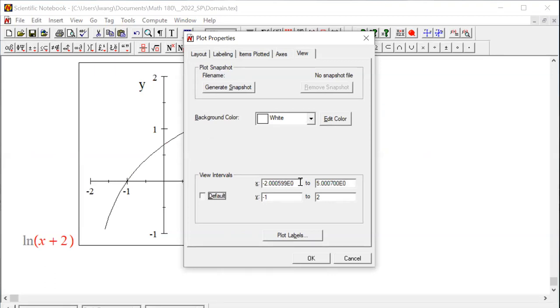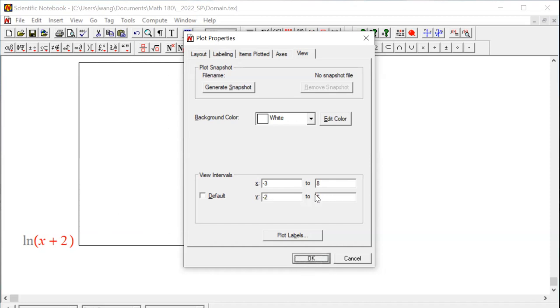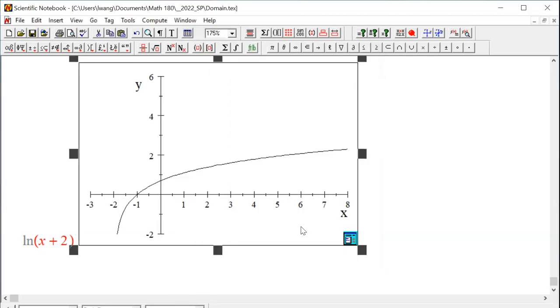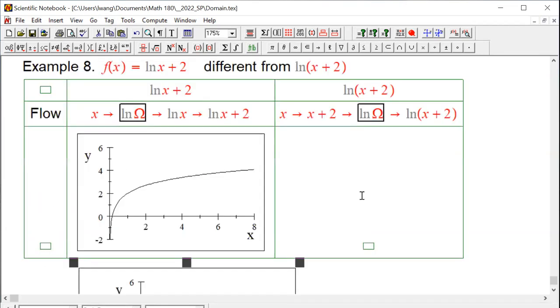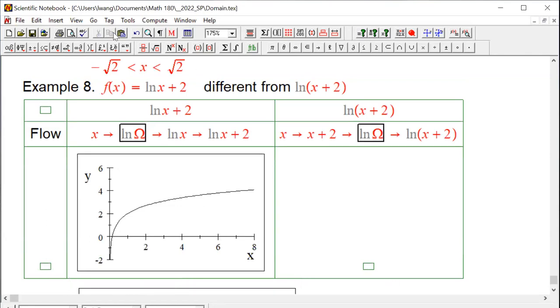So this is negative, let me put -3 here. Okay, 8, -2 over here, make it 6. I try to make them the same scale. There, and put the same picture.